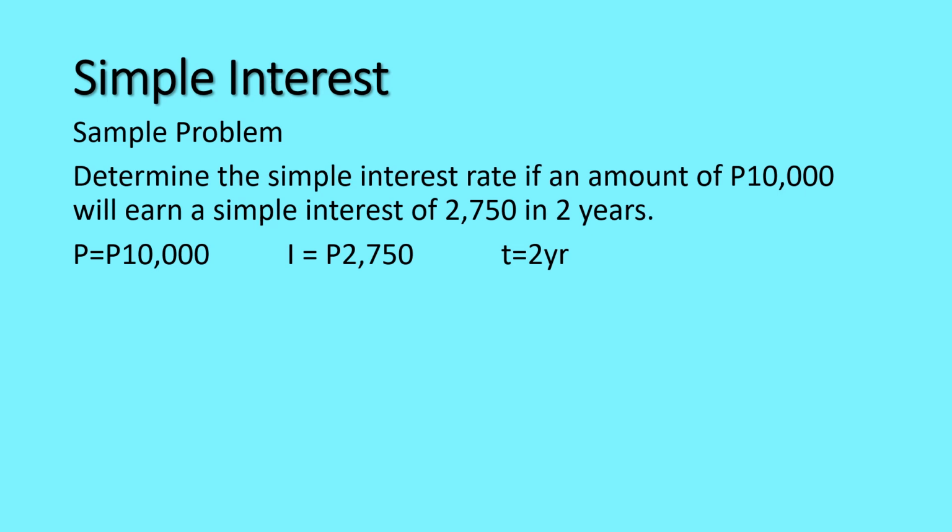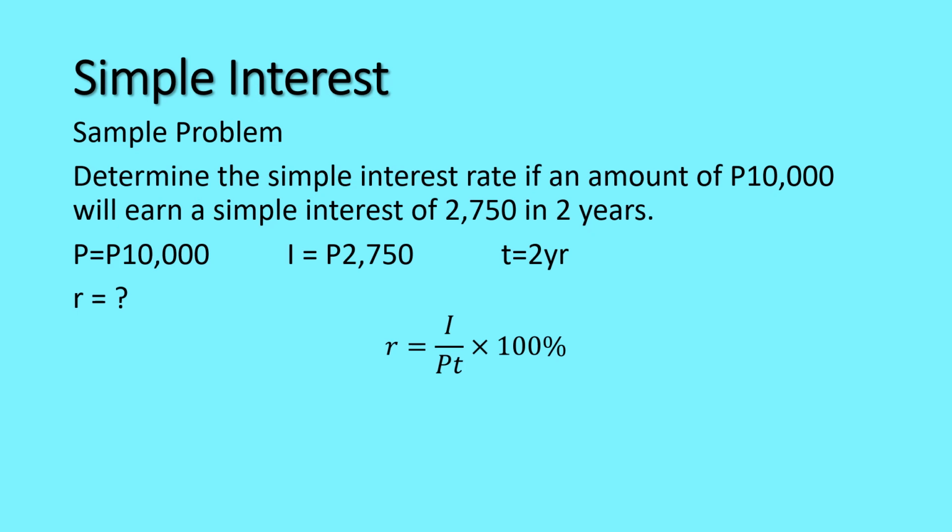So we are asked to determine the simple interest rate, or simply the interest rate. So we use the formula R is equal to I over PT times 100%.